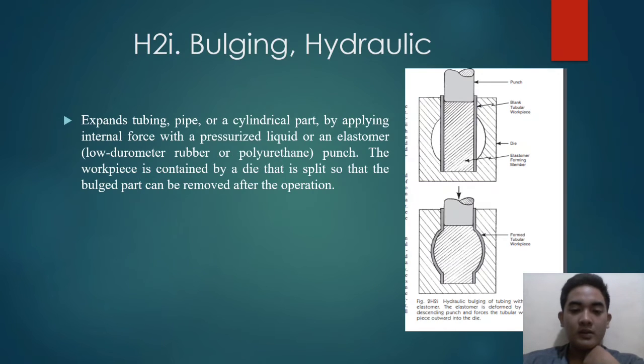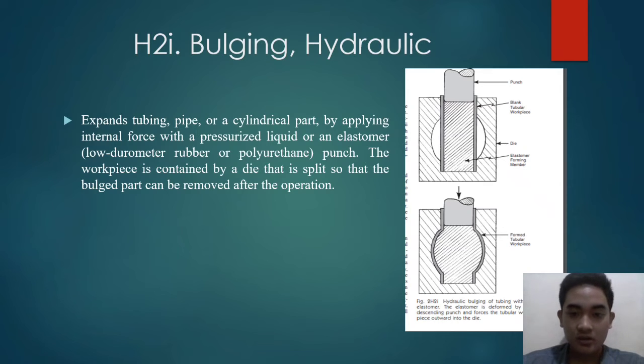Okay, next, bulging and hydraulic. It expands tubing, pipe, or a cylindrical part by applying internal force with a pressurized liquid or an elastomer, rubber or polyurethane sponge.